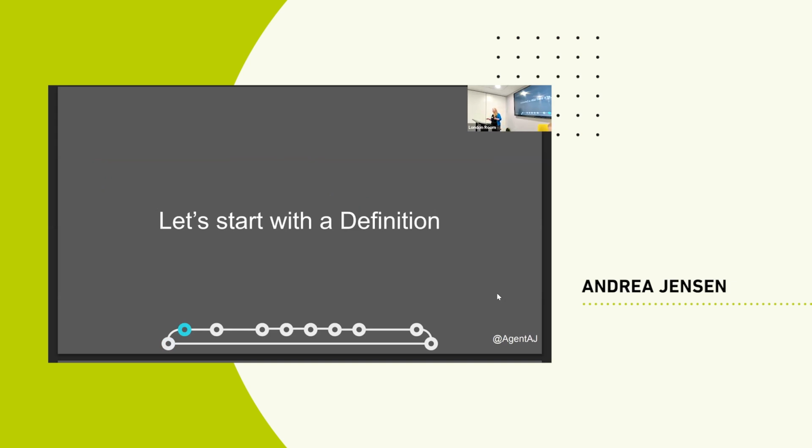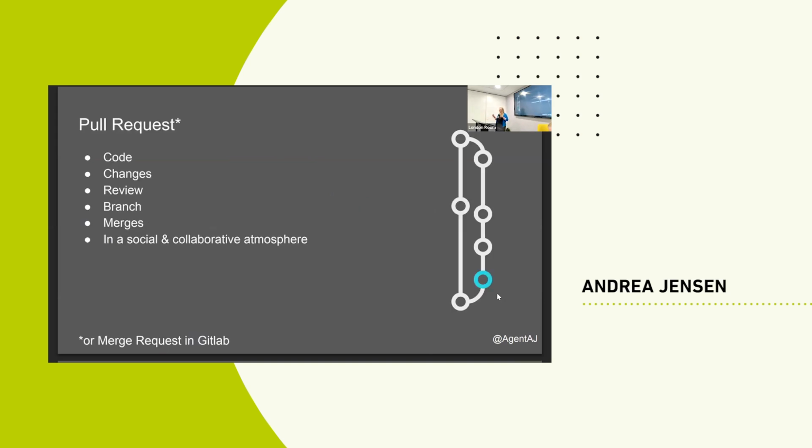Essentially, they all boil down to the same definition: the pull request contains some source code with changes and is the invite to review these changes, all based on a branch. What is a branch? I will come to that in a second. The branch will be reviewed by the team members before it eventually will be merged into the main development branch or the main development area. Ideally, it all happens in a nice, collaborative and social atmosphere, giving constructive feedback.